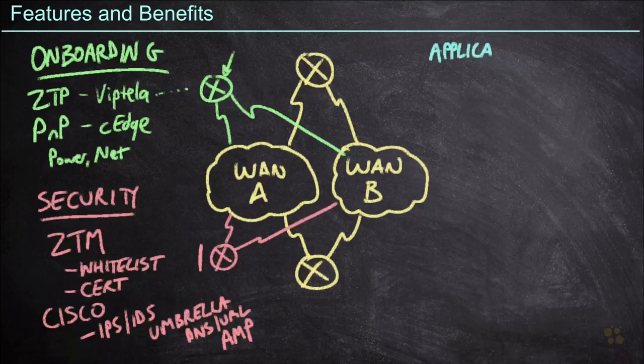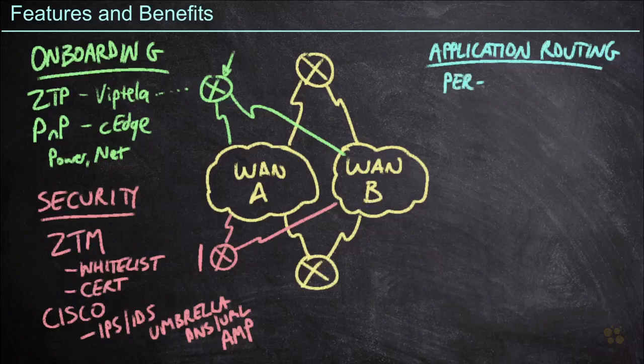Next up, we have the concept of application routing. We talked about this a little bit earlier, and we related it back to the idea that we can do per-app policies as traffic comes into our routers. Maybe email traffic shows up on this router, and we want it to be treated a particular way. Let's say we want it to use our internet circuit. We want to conserve bandwidth on our MPLS, which we'll say is the one on the left.